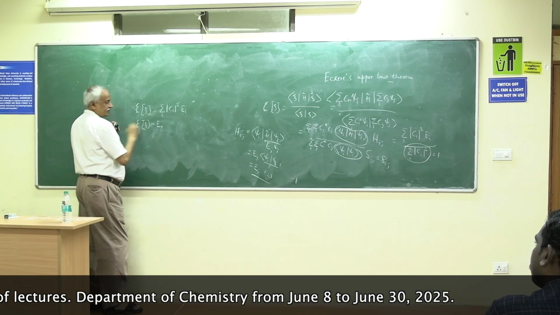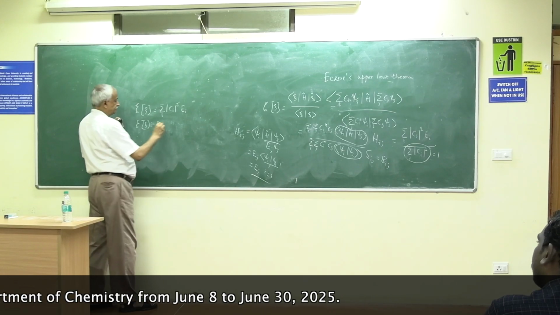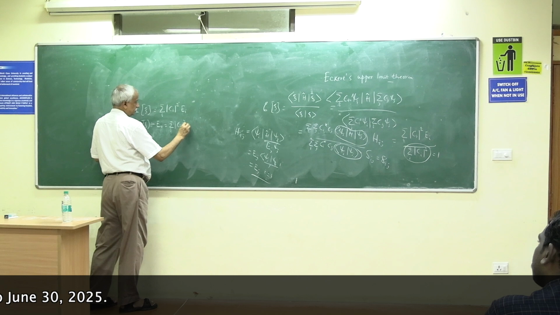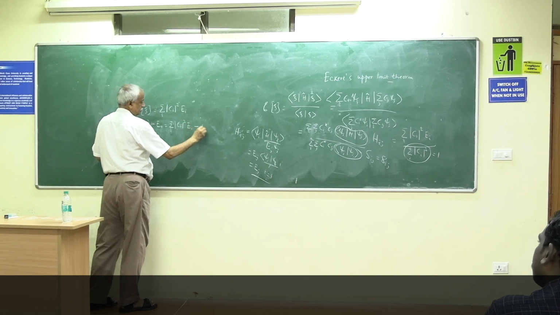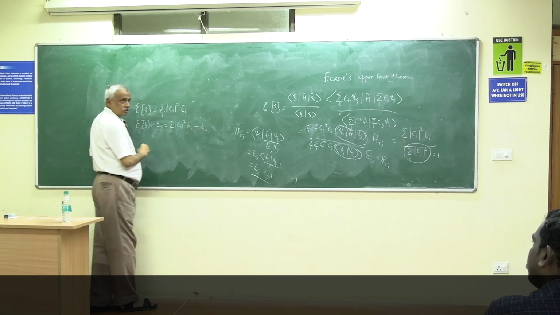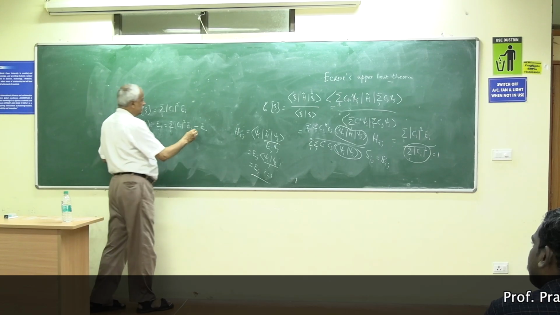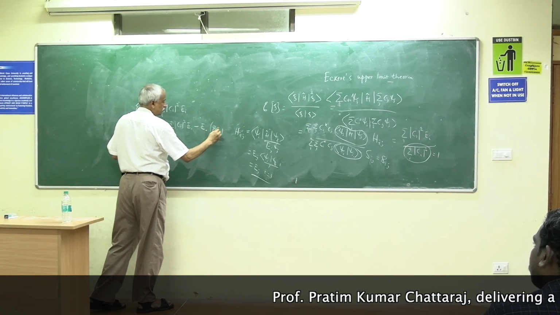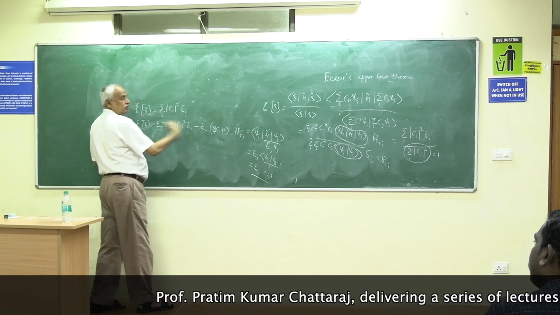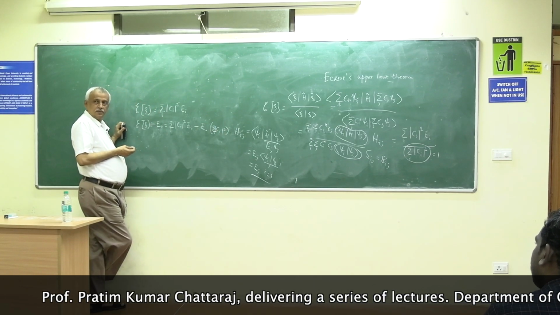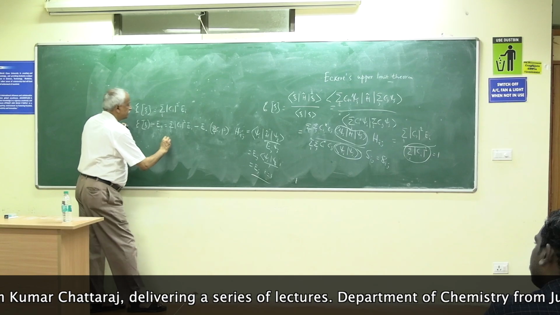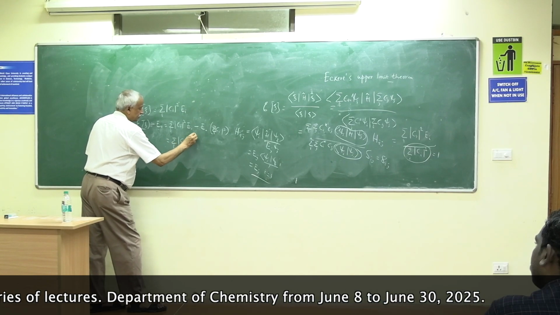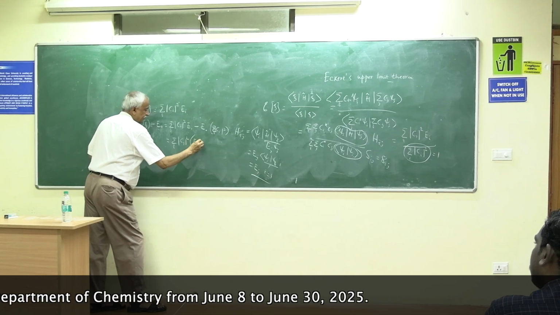This is my ground state energy. I have subtracted E0 from both sides. But E0 I can multiply with sum over i Ci square, because this is mod square, so this is just 1. So I multiply with this. Okay. So this becomes sum over i Ci mod square Ei minus E0.